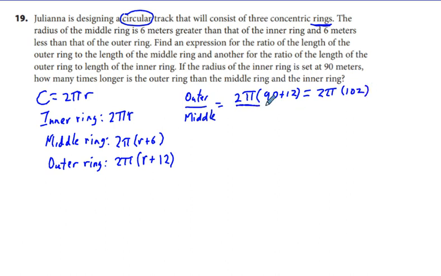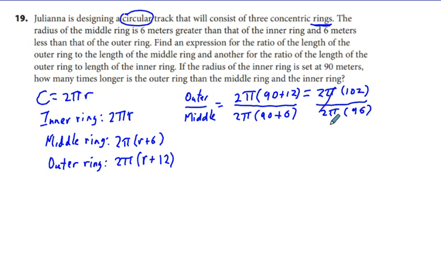And our middle is going to be 2 pi times 90 plus 6, or 2 pi times 96. That's a little more legible.